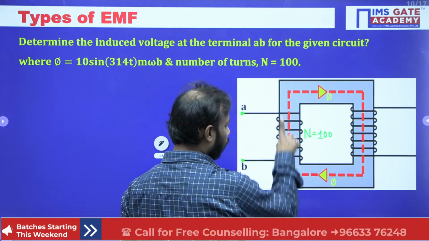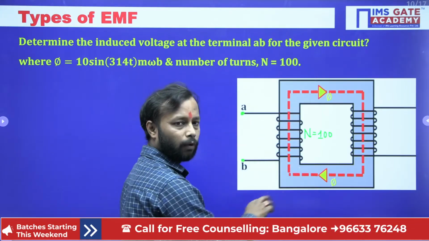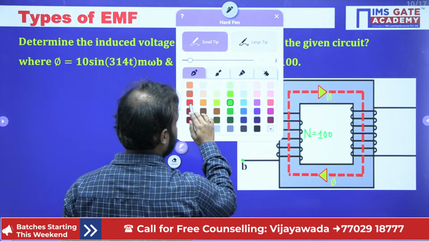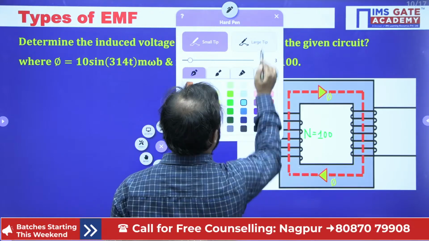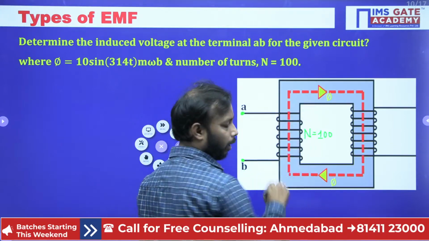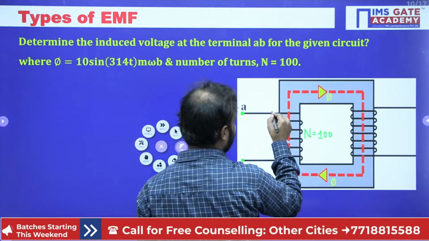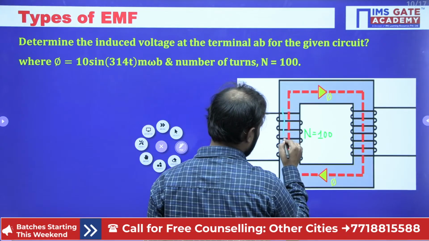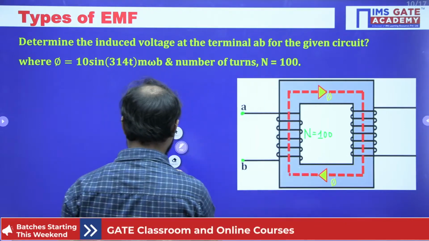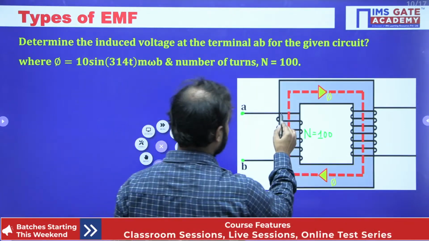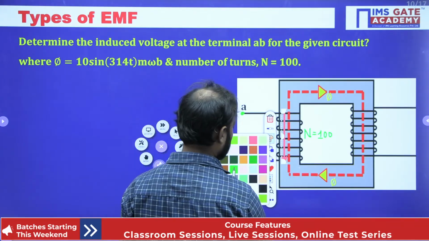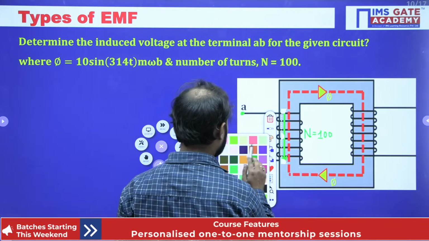From downward to upward, from down to top. Then the induced flux has to be in this direction, such that it will oppose. Let me use different color.